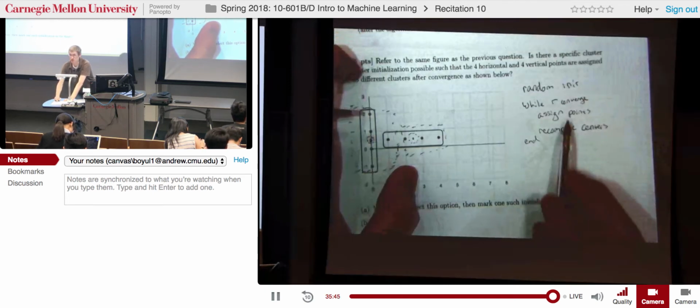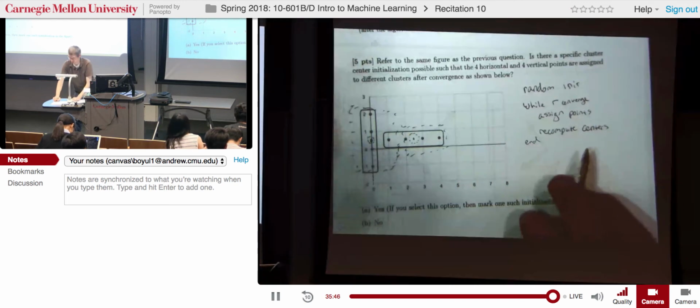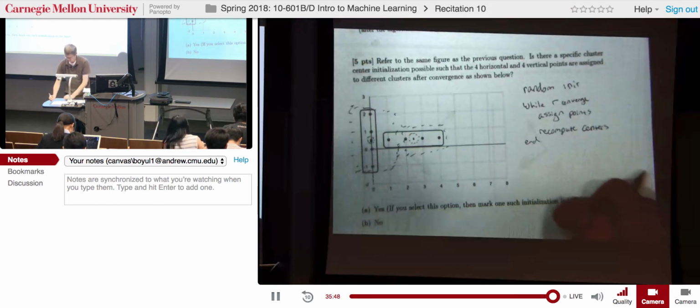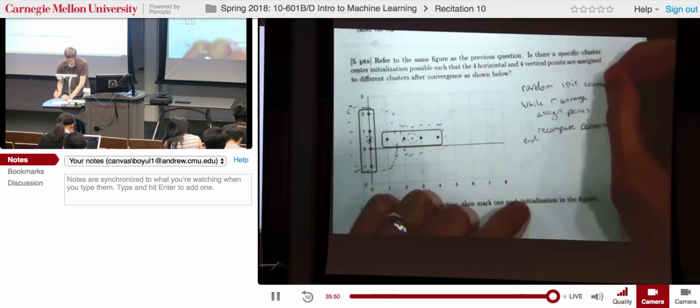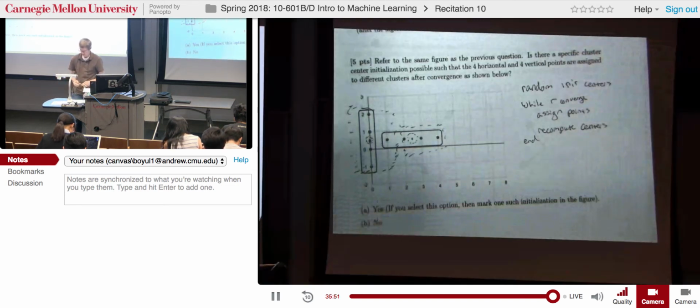All right, so this is very similar to the previous problem. It uses the same points. And so we can answer this question just by running one more iteration of k-means and seeing if the answer stays the same.